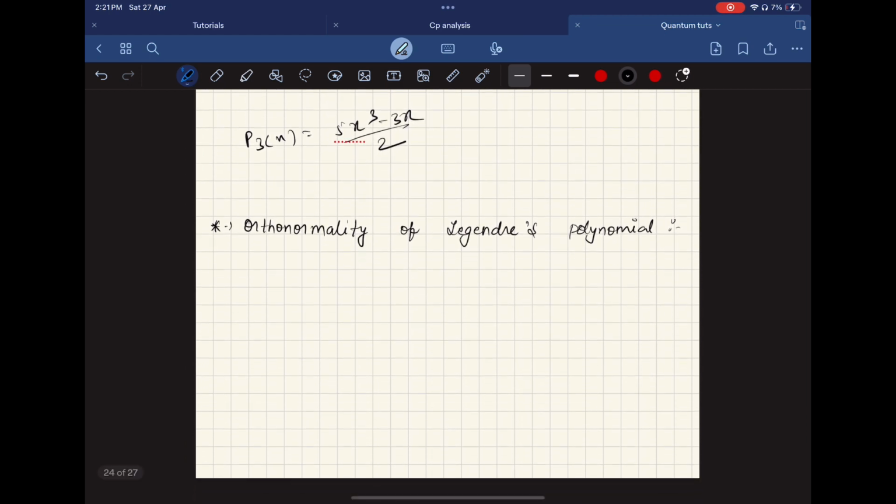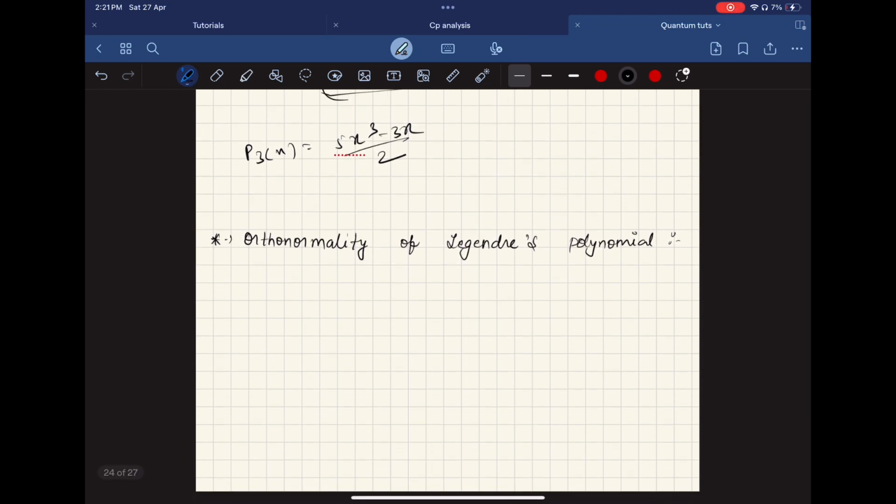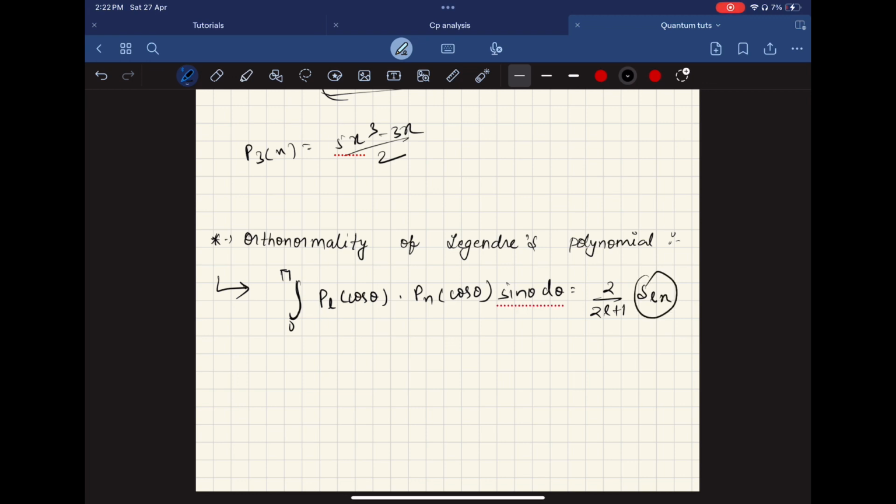Now let's see the orthonormality of Legendre polynomials. In some of the problems we are going to use this also. So the integral from 0 to pi of P_L(cos theta) P_n(cos theta) sin theta d theta equals 2 over (2L plus 1) times delta_Ln. This delta_Ln is 1 when L equals n and 0 when L is not equal to n.